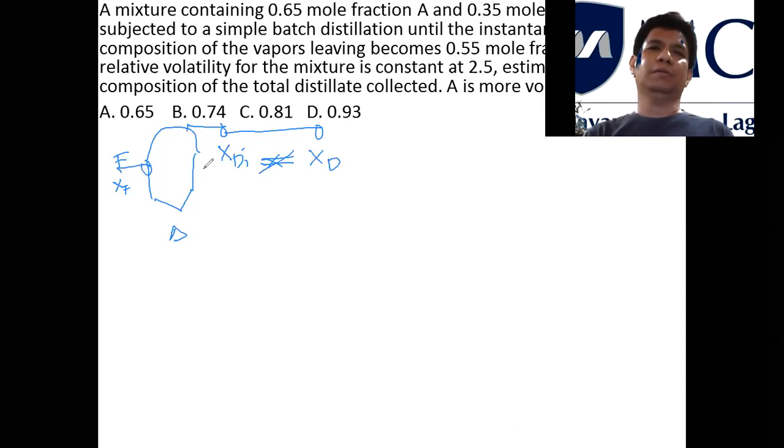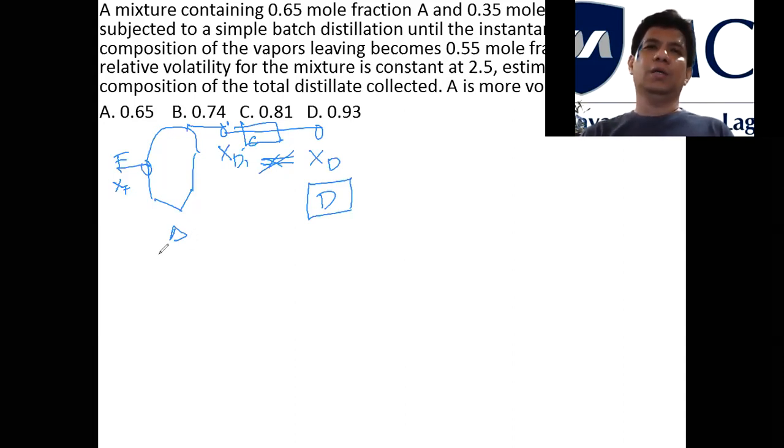Nag-iiba yung concentration nung vapor. And then basically you have a condenser right here. Tapos you're going to produce the distillate, and then you collect the distillate in a container. So as you can see, the concentration of the distillate is the average of the XDI, and definitely it's not equal to XDI. That is one thing that you need to realize.